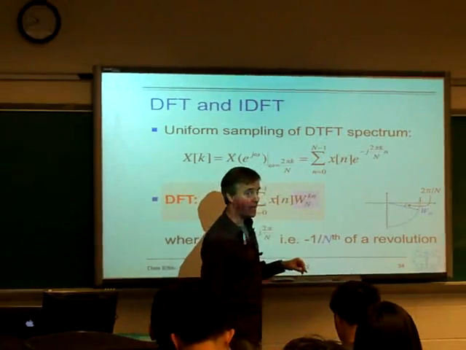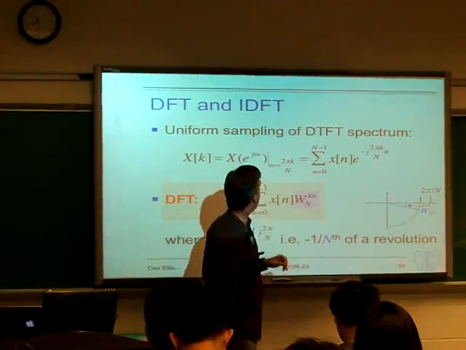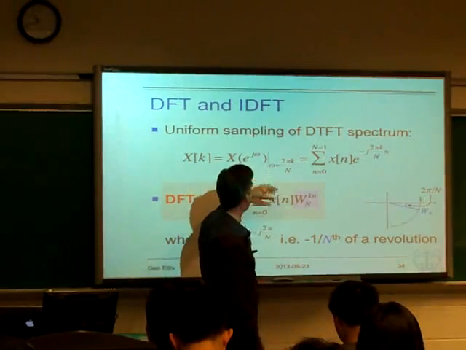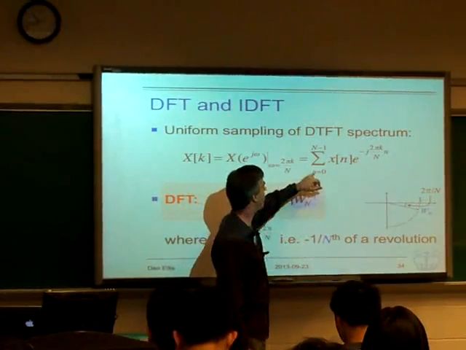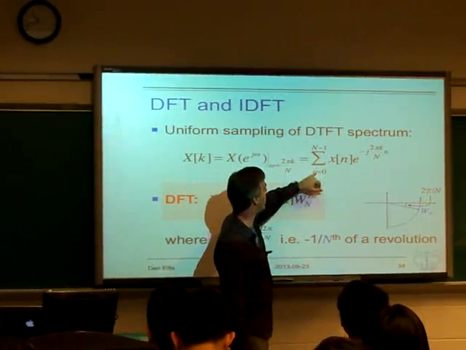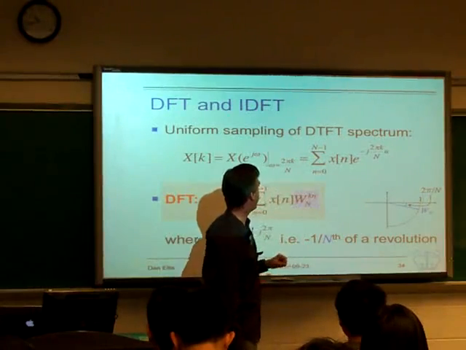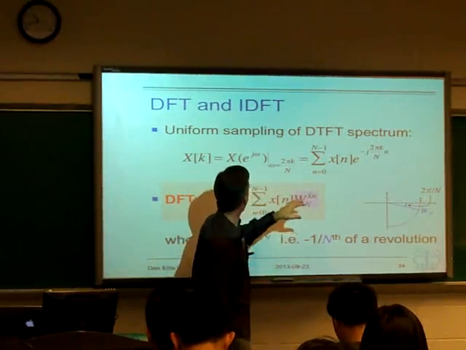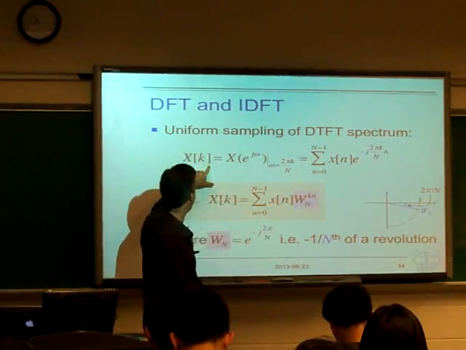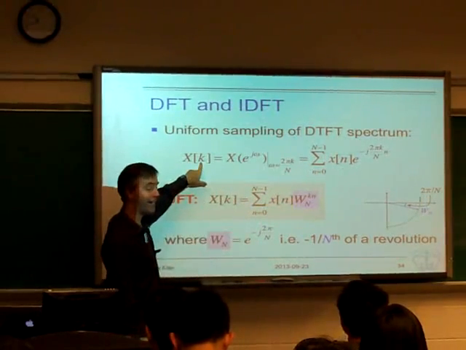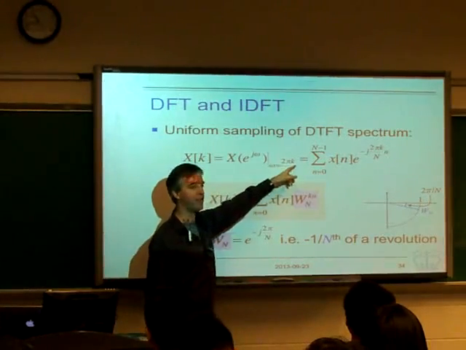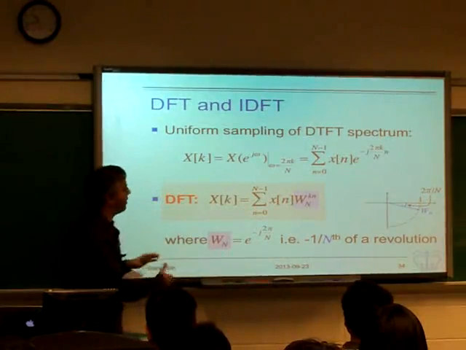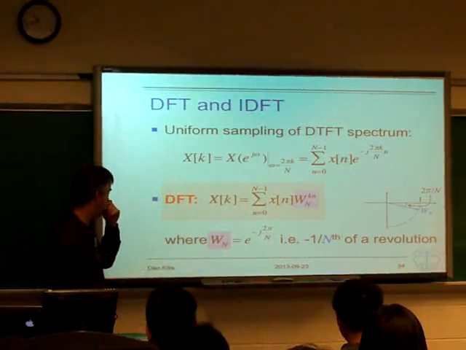The DTFT is the sum over all possible values of n, but here we're saying that x of n is over a finite range, so let's assume it's 0 outside that range. So now we can just restrict our summation to n equals 0 through big N minus 1. And that gives us x of k, a frequency value for an index, where this index, we remember, is just sort of uniformly sampling the little omega space.